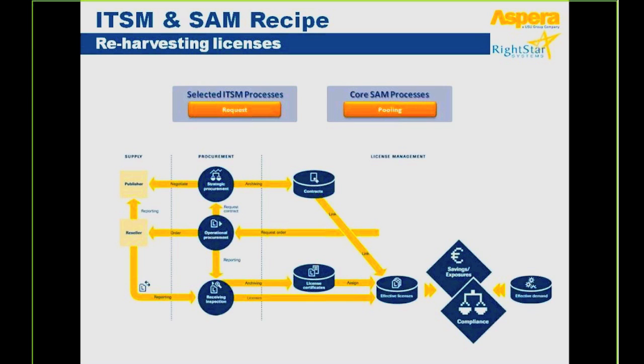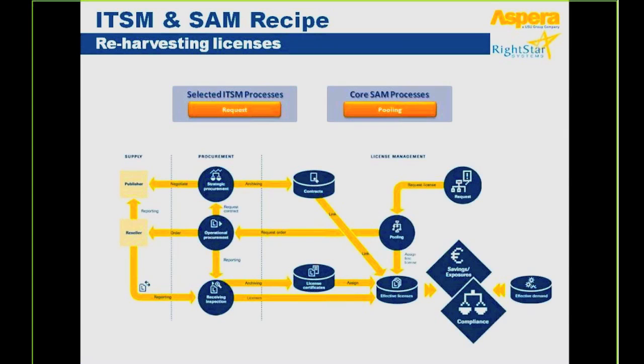Doing reharvesting would mean that you link your ITSM process for requesting software with this SAM process. So the request goes to the SAM tool, and in the SAM tool there are multiple pools following the accounting structure of your organization, and depending on where the request was created, the SAM tool will automatically find out whether there is any license that could be reharvested.